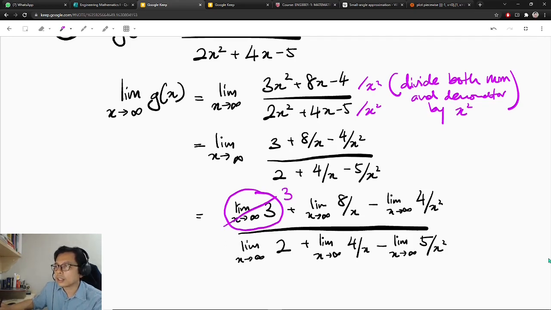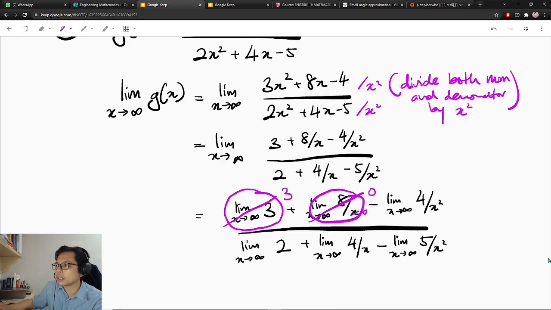What about this one, 8 over x? What happens if x approaches, sorry, x approaches infinity? So this will become a really big number, and any number divided by a really big number is going to be 0. So this is 0. The same goes for this one also because x approaches infinity.